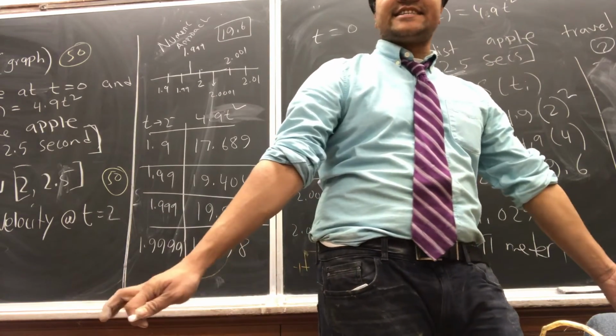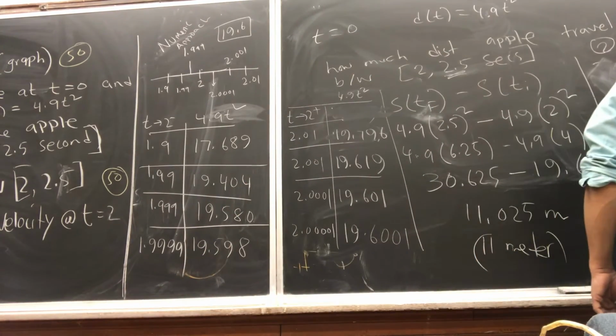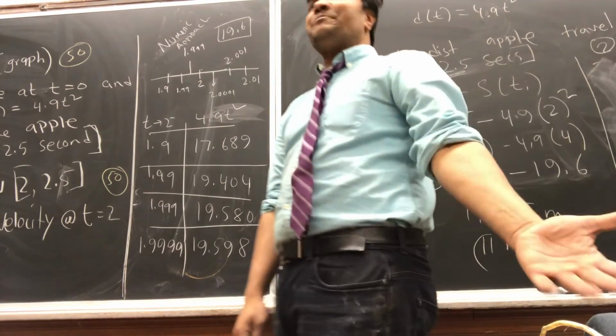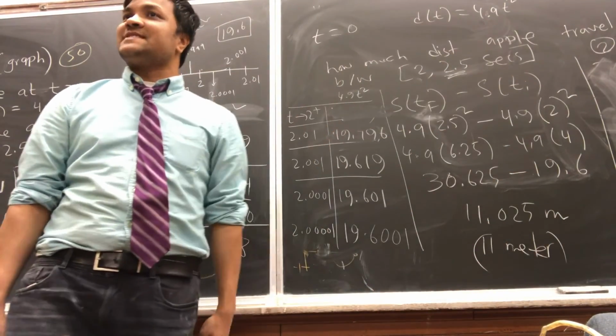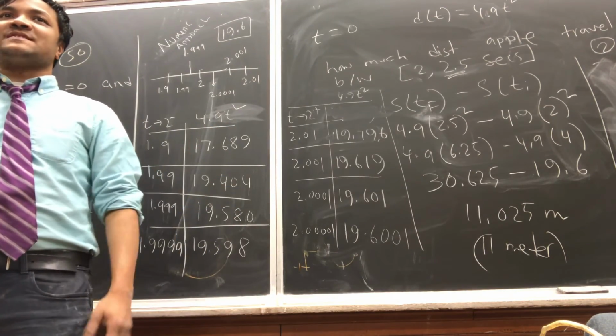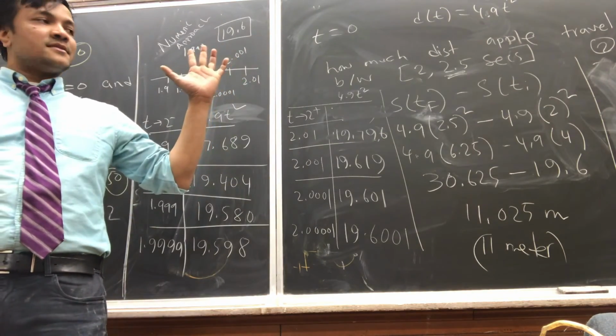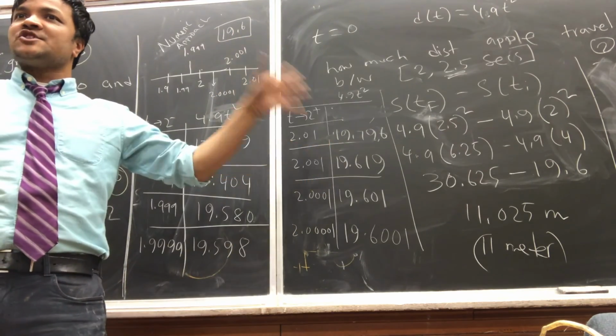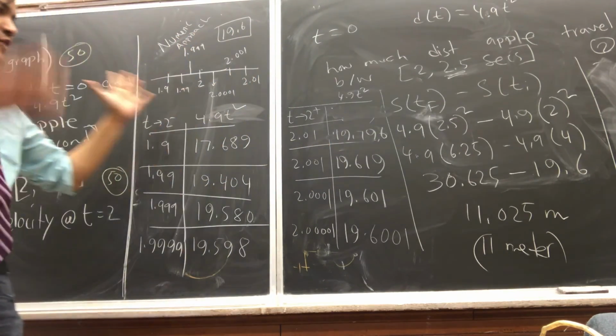This is magic, right? It's not something else. It could have been 19.7, but it is not. It's exactly 19.6. We did not do any manipulation with anything. It's just in front of your eyes.